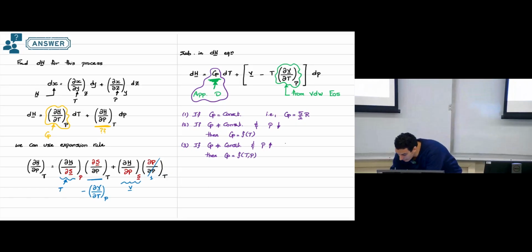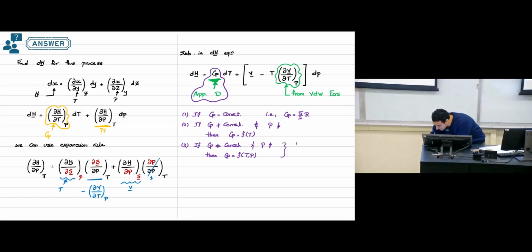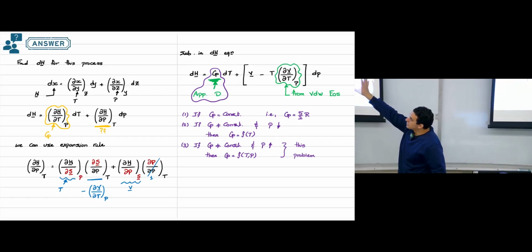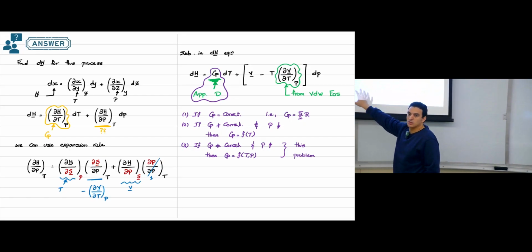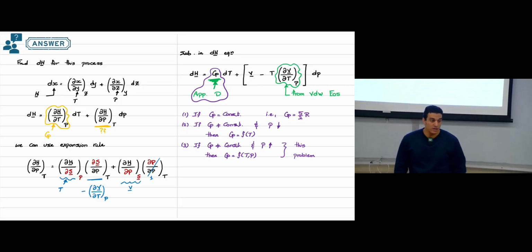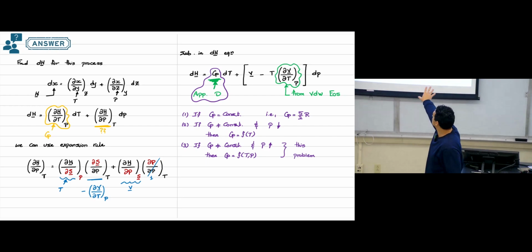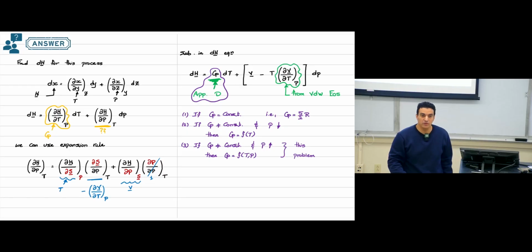This is the case we have in this problem. So far this example is similar to what we solved in the previous lecture, and we can continue solving the same way if Cp is constant, or if Cp is not constant and the problem is at low pressure.